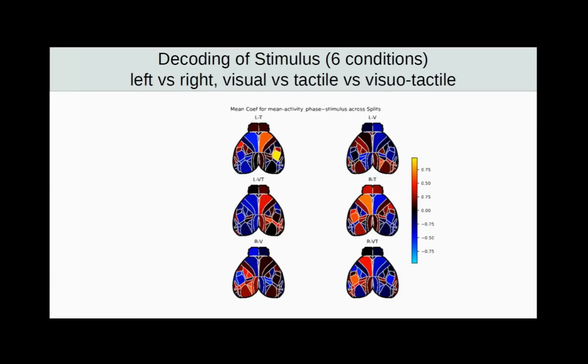And then we can use it later to try to decode the mixed trials and things like that. But for example, here for the left tactile, you've got in yellow a strong activation of the somatosensory cortex in the right hemisphere, which is fine. You've got this with less contrast now for the right tactile and so on.